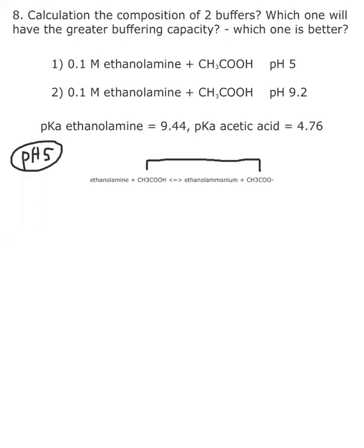Starting at pH 5, let's see what happened in the buffer at pH 5. So we know that at pH 5, the buffer system would fall to the acetic acid and acetate. And initially, we only have ethanolamine and acetic acid. So to make the acetate here, it has to be changed from ethanolamine, because ethanolamine will react with acetic acid and then it's changed to ethanolammonium and acetate.